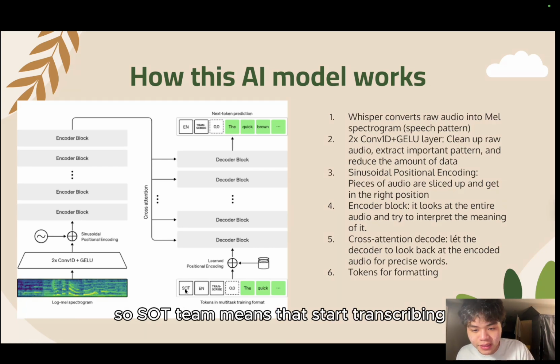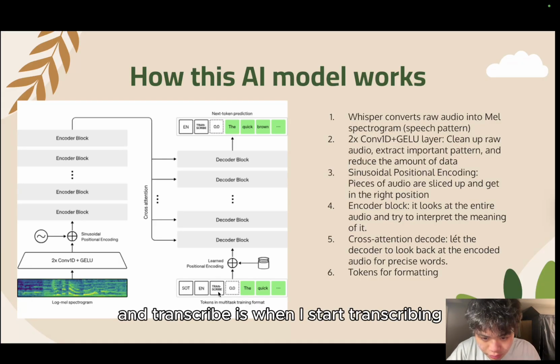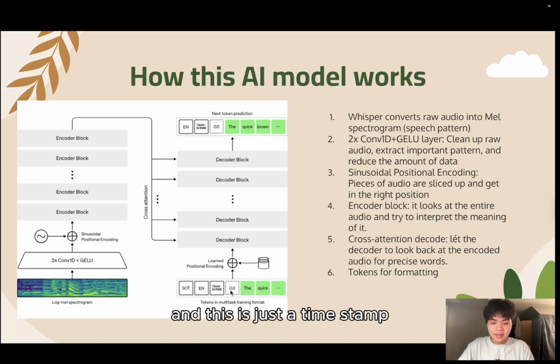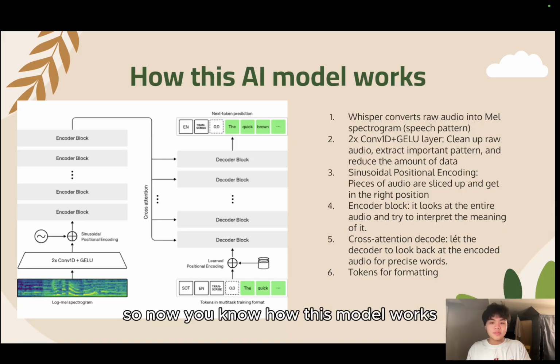SOT means it starts transcribing, EN is the language, transcribe is when it starts transcribing, and this is just a timestamp. So now you know how this model works.